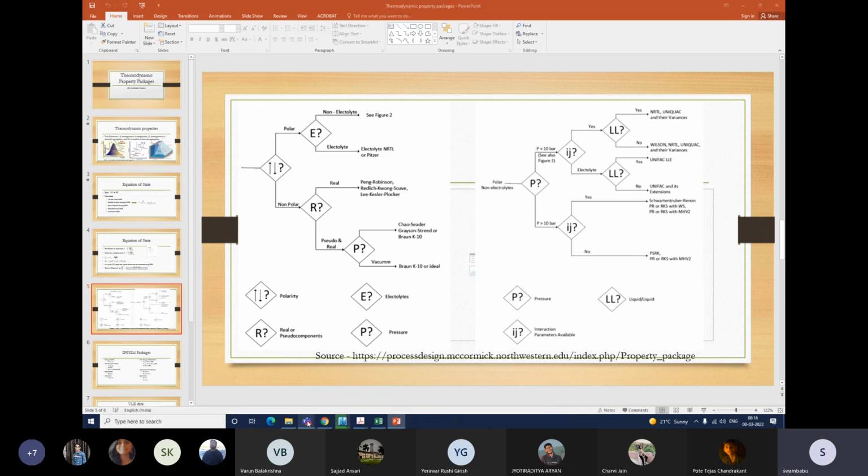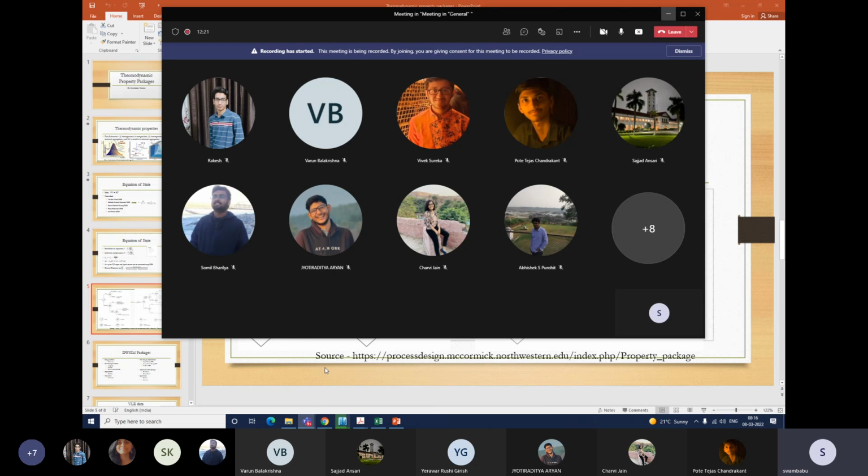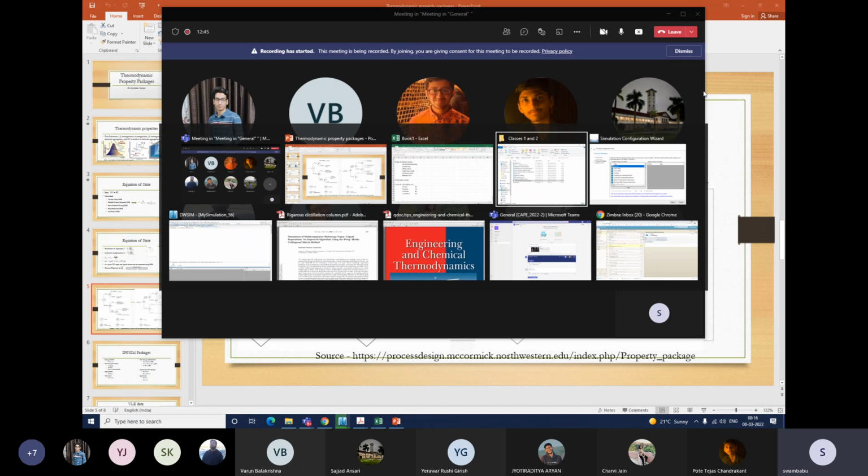First I'll ask whether these are polar components or not. Somebody else apart from Warren, because he's answering most of the questions. If no one answers, I will have to call names. If you answer, you will get marks. I'm actually writing it down, you won't believe me.